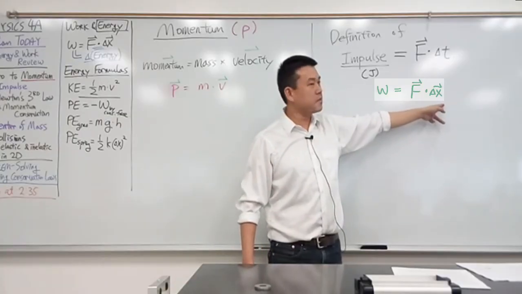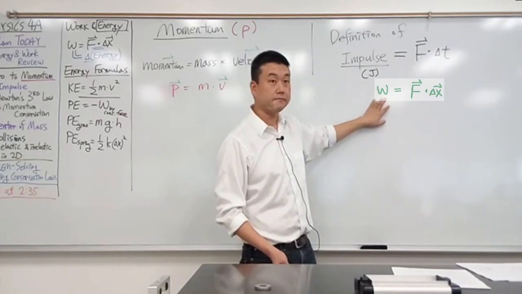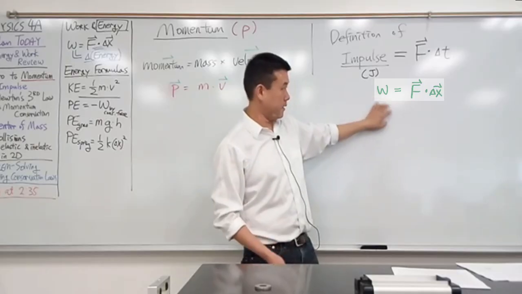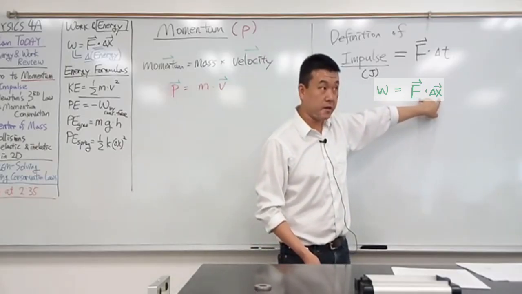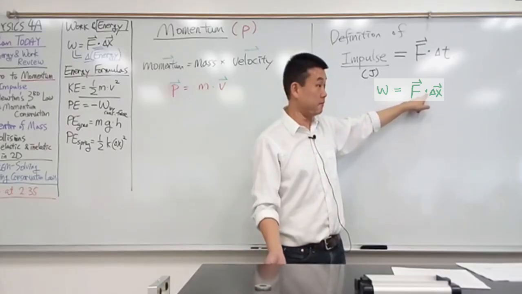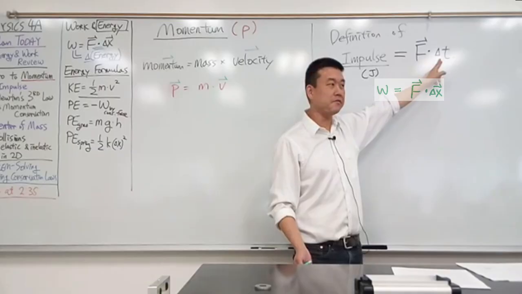There's one other subtle difference about impulse as compared to work. Any guesses? It's a vector quantity, yeah. With work, it was a product of two vectors, and we defined the product in such a way that it gave us a scalar. This is the dot product. Time, does time have direction?